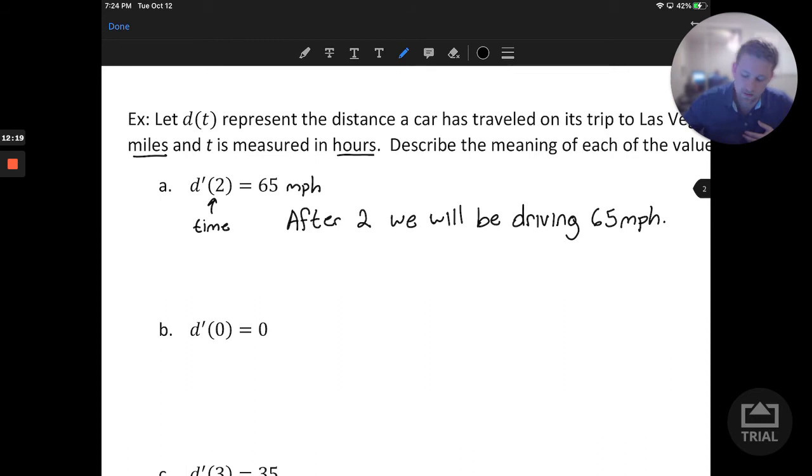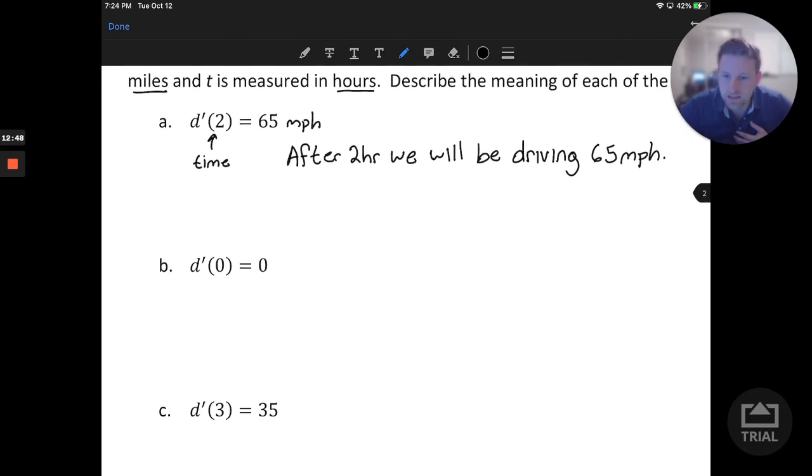Again, that's going to be our instantaneous rate of change after 2 hours of driving. So if we clocked ourselves there, we'd be driving 65 miles per hour.